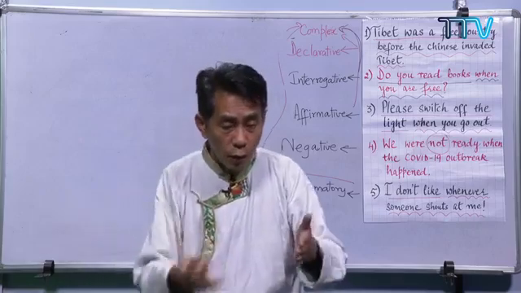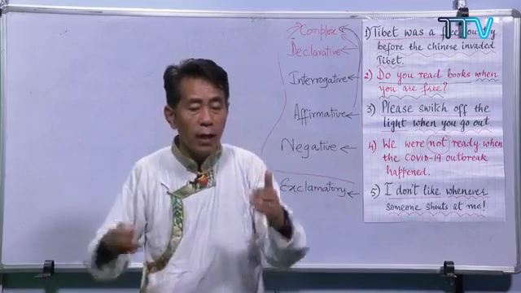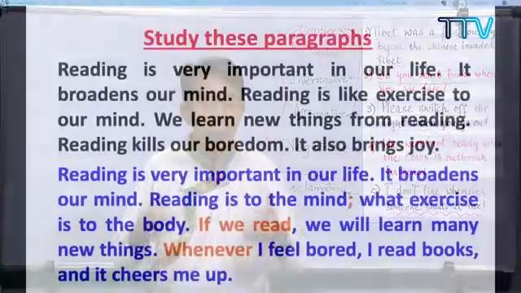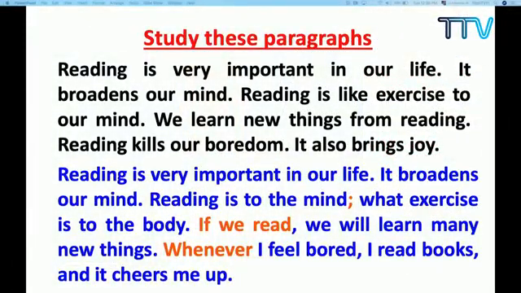So if you look at this full sentence, whenever I feel bored, I read books and it cheers me up, you will find that there are two independent clauses and one dependent clause. Such a type of sentence comes under compound-complex sentence.